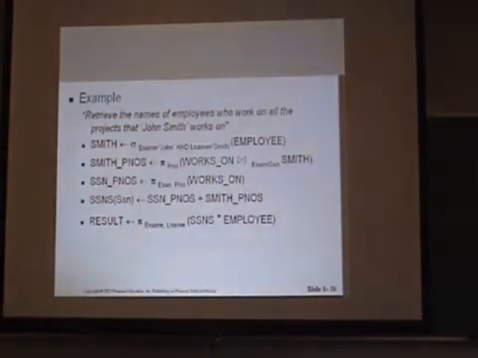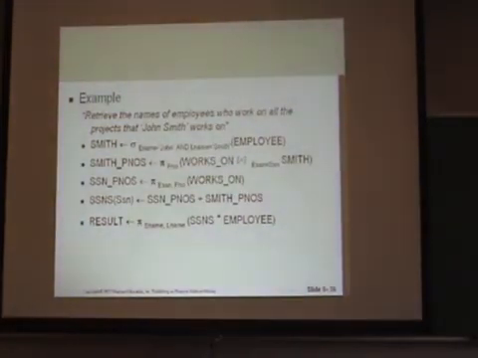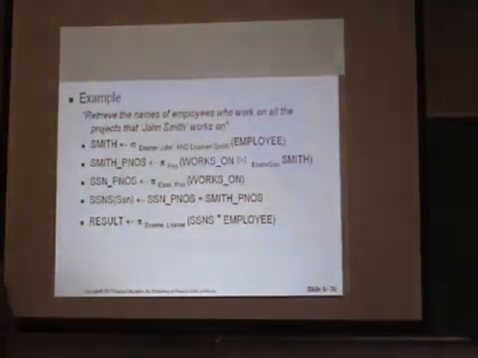For example, John Smith works on project A, project B, project C. Then we want to find all employees who work on at least project A, project B, and project C. Can you understand? So how can we find such a thing?